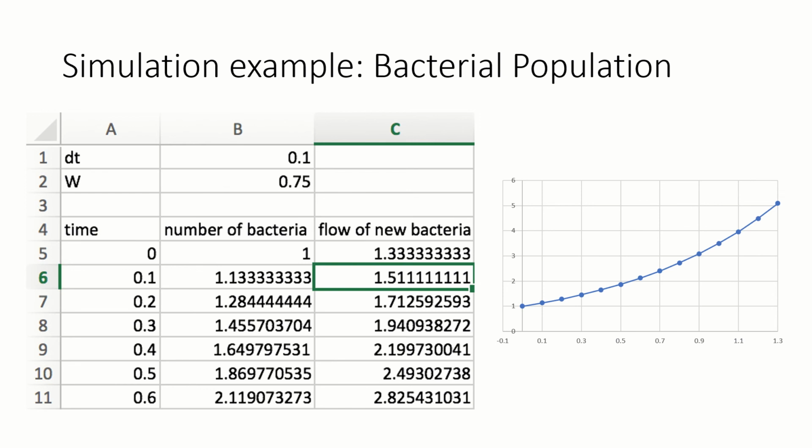In the exercise, I ask you to plot up to 5 time units. What I mean by that is this should go in steps of DT, and you should go all the way up to 5. So the number in this cell should be 5. It's however many rows you need to make this equal to 5. Then when you plot it, it'll go from 0 to 5, and the trajectory will do whatever it does over those 5 time units, and I get this growth here.